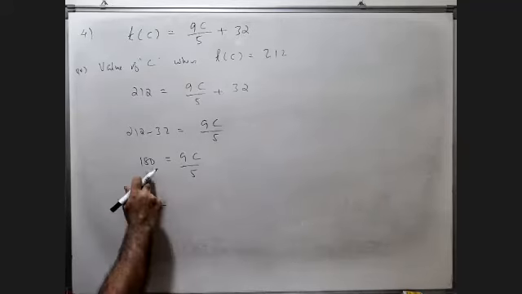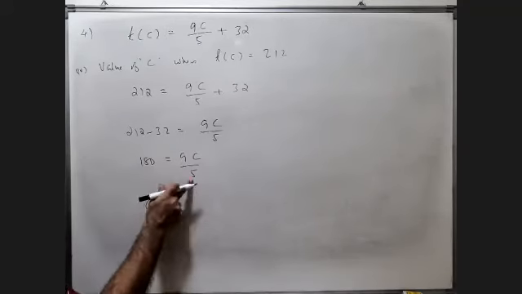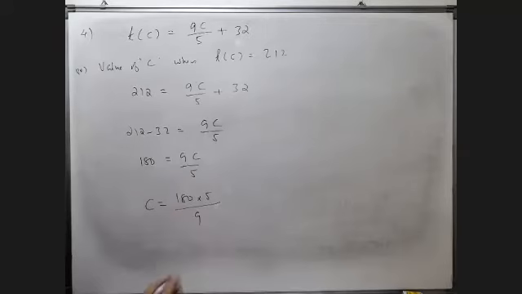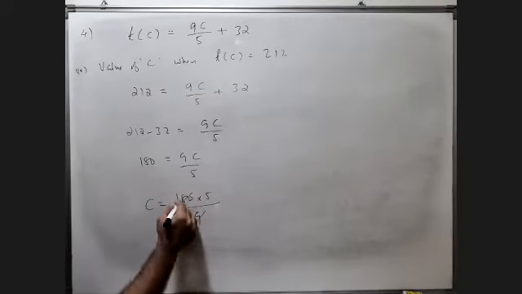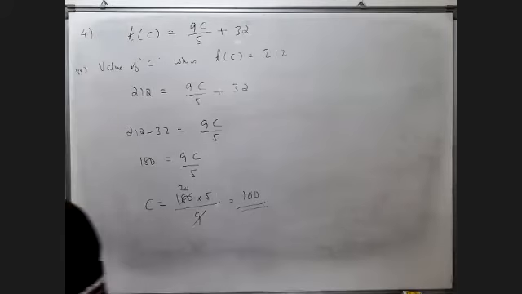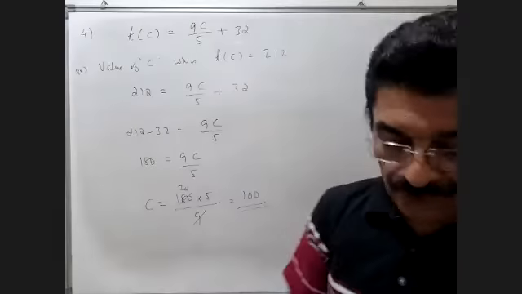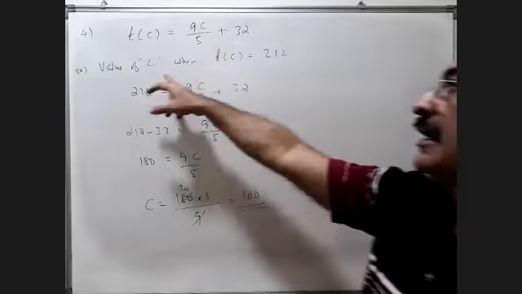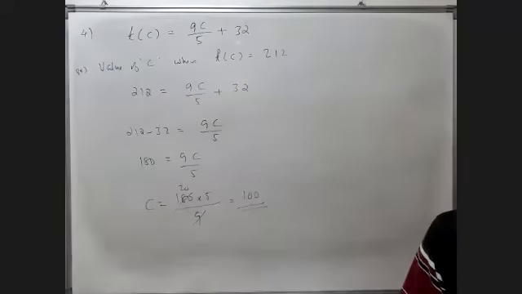C is equal to, cross multiply, 180 into 5 by 9. 9 cancels, 20 into 5 is 100. So if T of C is 212, then the value of C is 100.